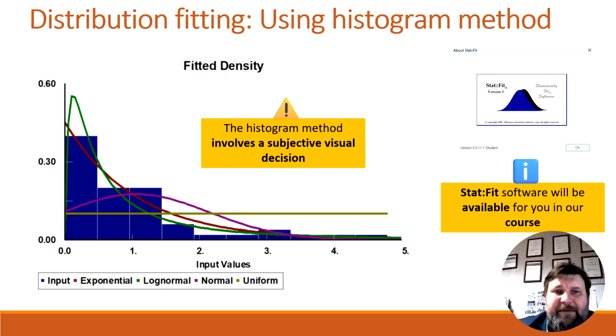In this example, I believe it's quite clear that only two distributions can be considered as candidates. Just try to think for a while, and of course it's the exponential distribution and the log normal distribution. It's quite clear that the uniform distribution and normal distribution are probably not the best to utilize in this case.